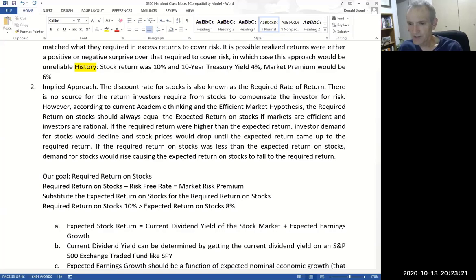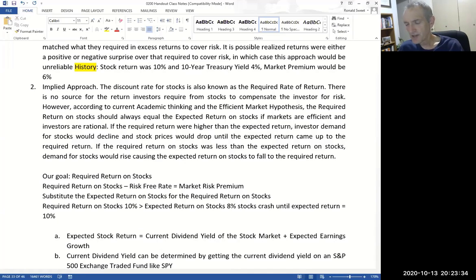When the stock market crashes, what happens? The expected return goes up because you're buying stocks at cheaper prices. So stocks crash until the expected return equals 10%. Now realize if the stock market crashes, people might get really risk averse, and so the required return goes to 11% or 12%. Well, the stock market just keeps crashing until they finally get to that number.